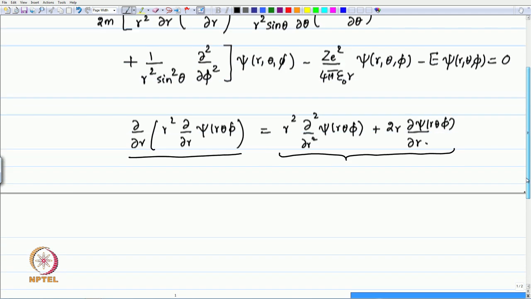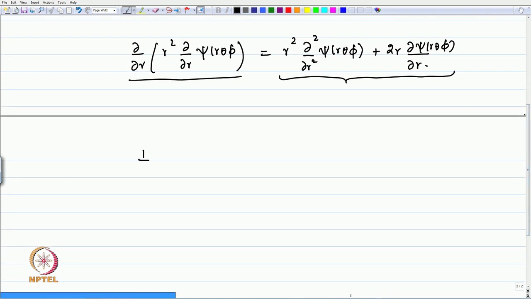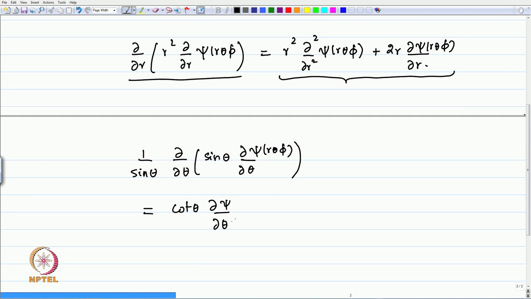Okay. And second, when you write 1 by sin theta in a similar way, dou by dou theta of sin theta dou psi by dou theta of r, theta and phi, this again means two terms, namely the sin theta derivative being a cot theta here because it is cos theta by sin theta, then you have dou psi by dou theta, plus, sin theta cancels when you do not take the derivative, it is dou square psi by dou theta square.